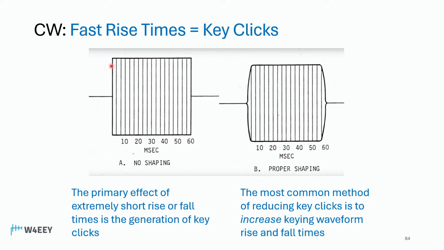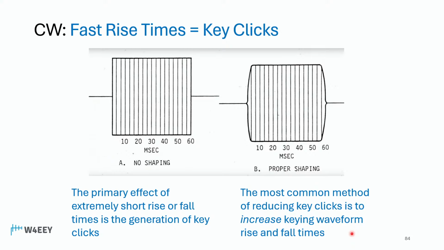So yeah, we see the very sharp rise times, very sharp fall times. If we shape that signal to prevent the RF carrier from coming up the instant you close the key, you get rid of those fast rise times. So the most common method of reducing key clicks is to increase keying waveform rise and fall times.